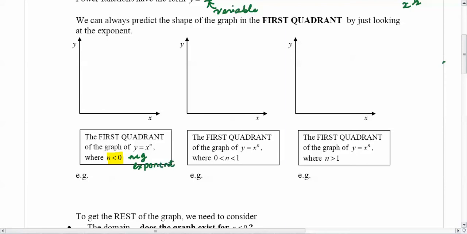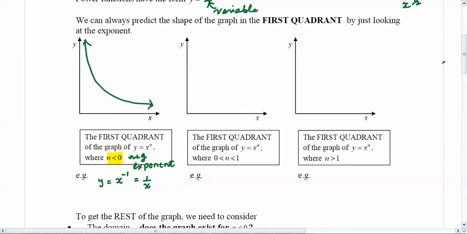To think about what that graph would look like in the first quadrant, let's think about a graph that you are familiar with. Let's take y equals x to the -1. There's your negative exponent. That's 1 over x. And you know what that graph looks like in the first quadrant. It looks something like that.